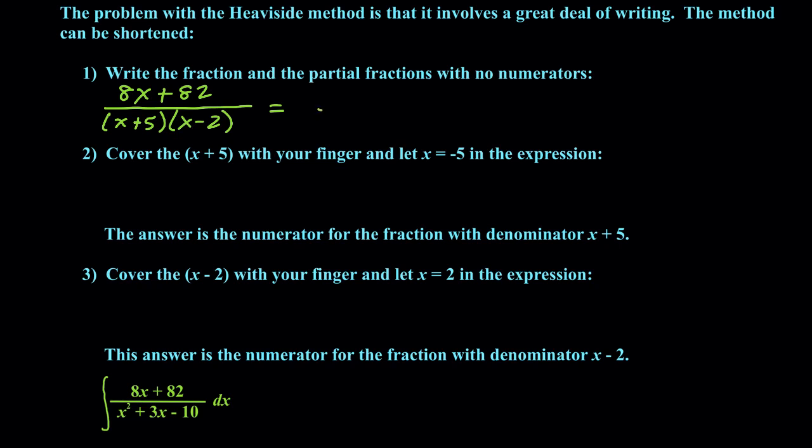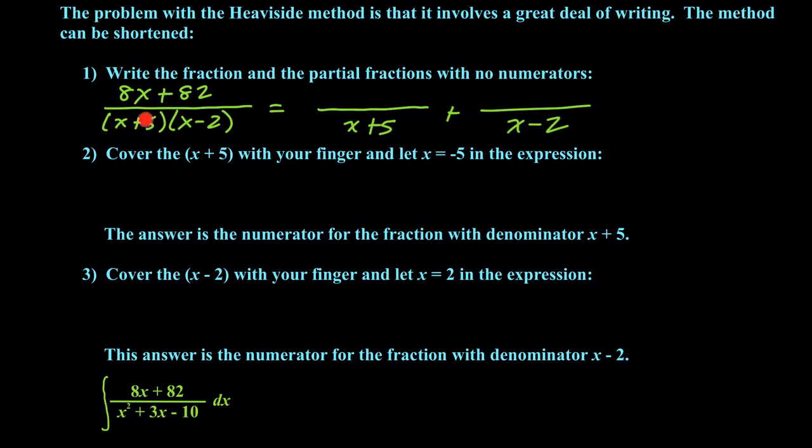And this is equal to something over x plus 5 plus something over x minus 2. And this says we're going to cover the x plus 5 with your finger and let x equal negative 5 in the expression.